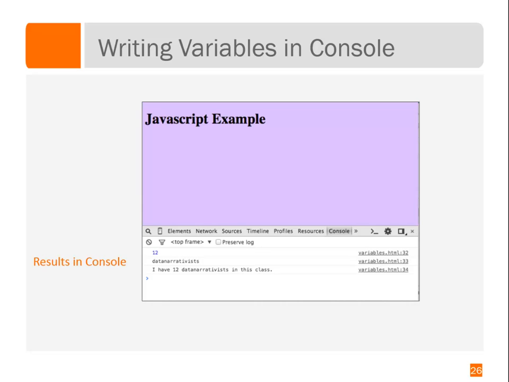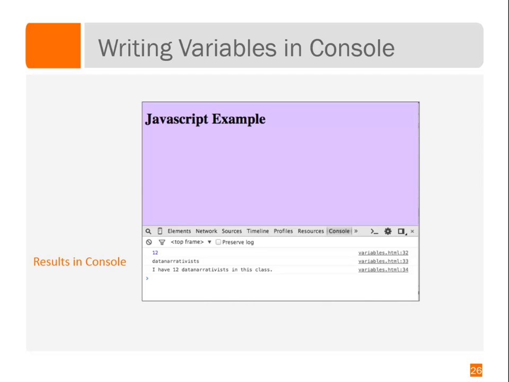We're going to write out to the console that number 12, because that was our value for the number variable. And then we'll write out data narrativist, because that was the value in the variable named text. And then, as I suggested, we're going to have a statement that inserts both of these variables.